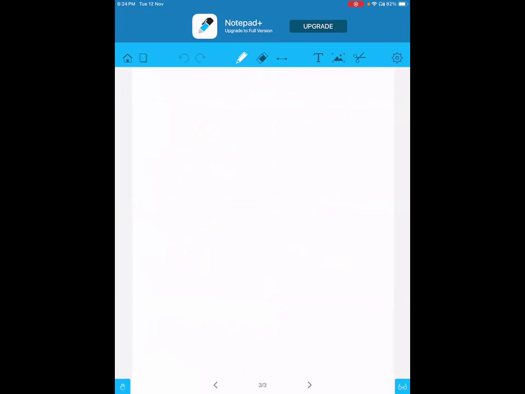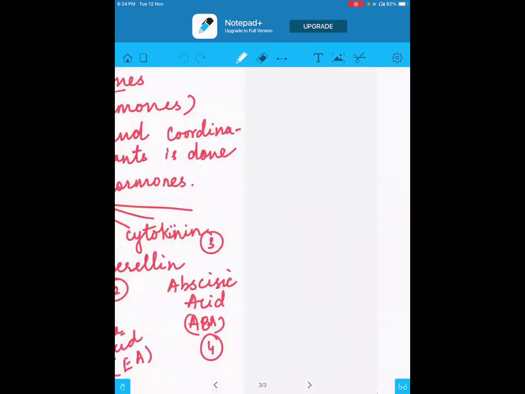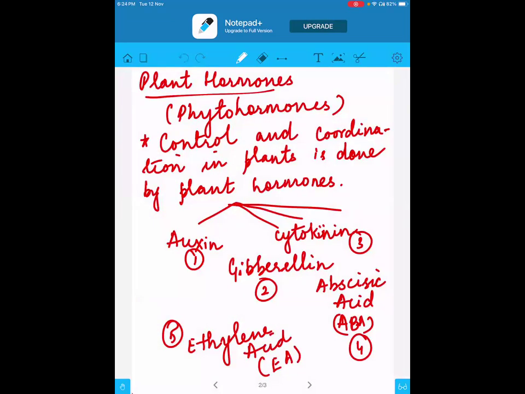Before going to this, we'll be discussing the functions of the plant hormones. So what are the different functions of the plant hormones? Five are there: auxin, gibberellin, cytokinin, abscisic acid, ethylene.